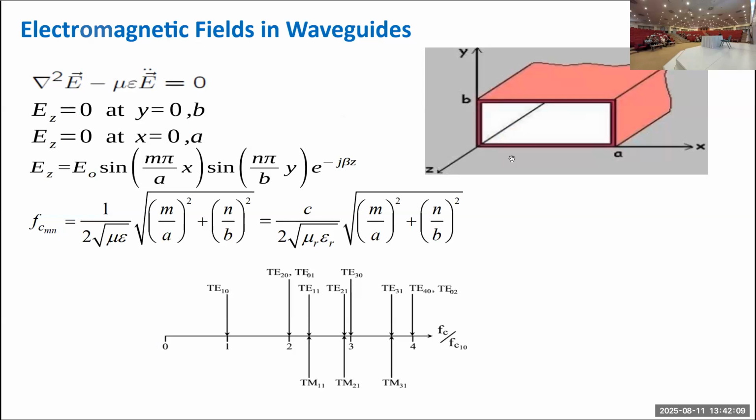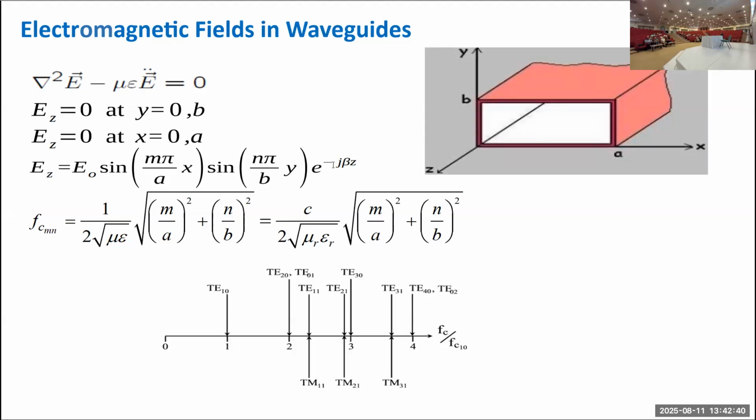When we solve this wave equation applying boundary conditions, like here, we have a rectangular waveguide. Its one side is a centimeter long and the other side is b centimeter high. So applying these boundary conditions, we get the solution of this wave equation, which can be defined by this equation.